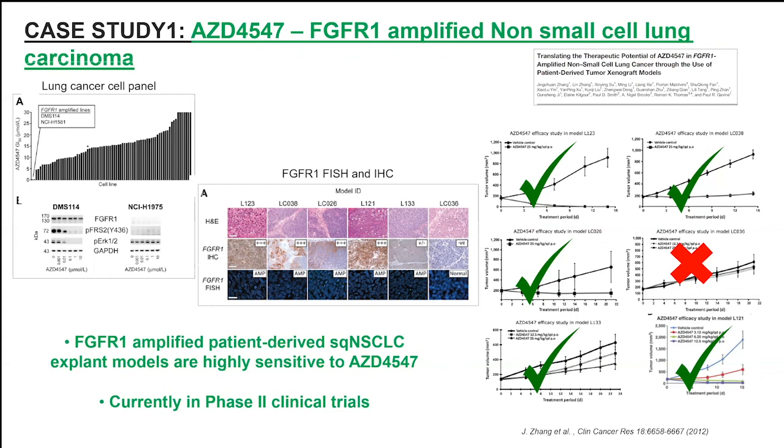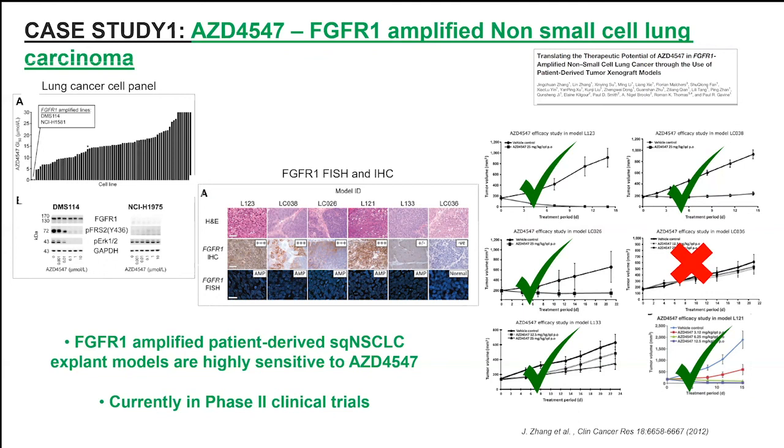And 2 cell lines were exquisitely sensitive in terms of proliferation effects. And both of these were FGFR1 amplified. And we were also able to show effects on signalling downstream of FGFR1. Unfortunately, both of these cell lines didn't grow in vivo.